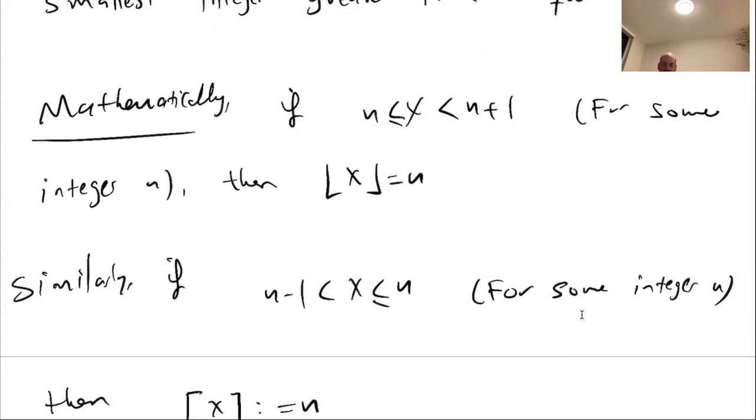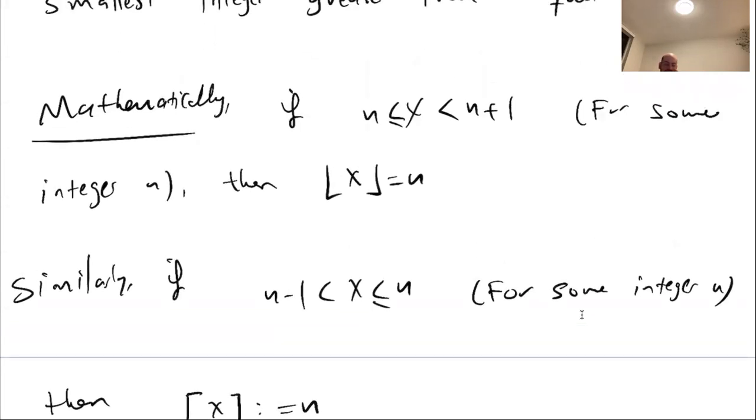So floor is the biggest integer less than or equal to x. Ceiling is the smallest integer greater than or equal to x.